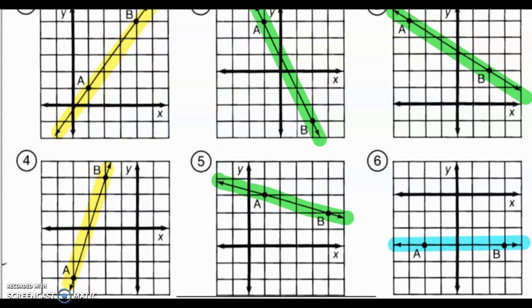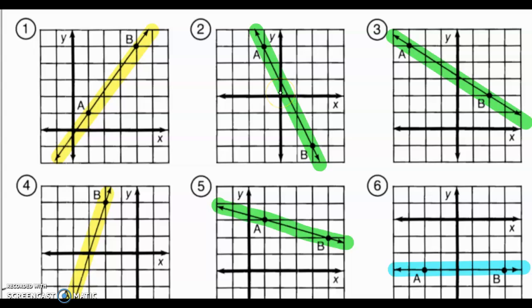Okay, I want to do just 2 of these and then I'll show you how to do the rest. So again, you're going to make a slope triangle. So I'm going to go over and then I'm going to just shade it in and I'm going to go down. And there's my slope triangle.